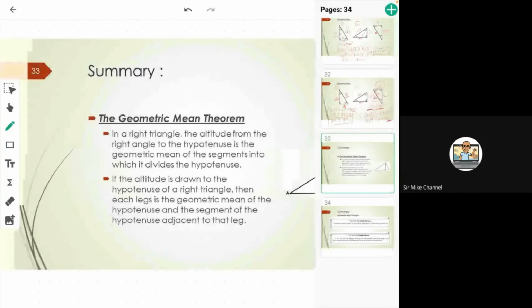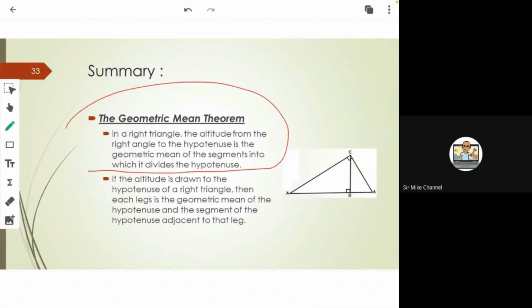Okay, so to summarize, yung last one natin, the geometric mean. Basa nga muna ito, Romero. The geometric mean theorem: in a right triangle, the altitude from the right angle to the hypotenuse is the geometric mean of the segments into which it divides the hypotenuse.